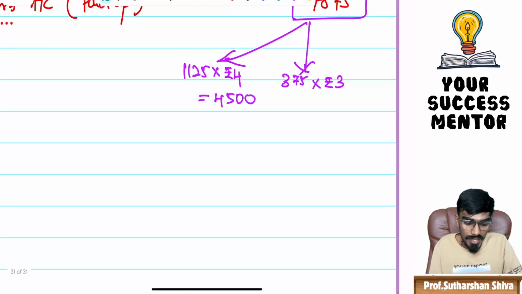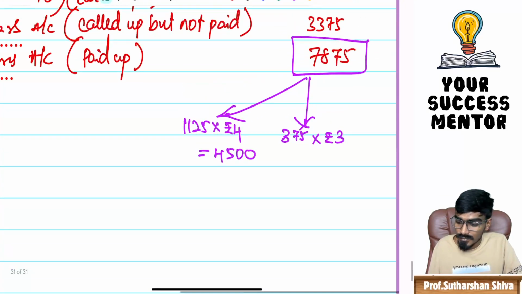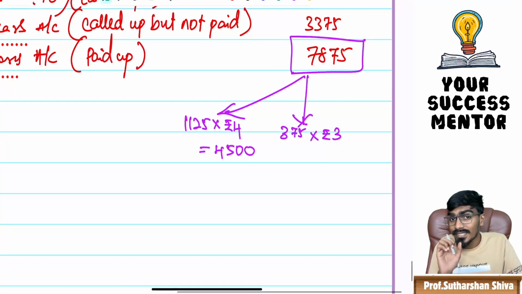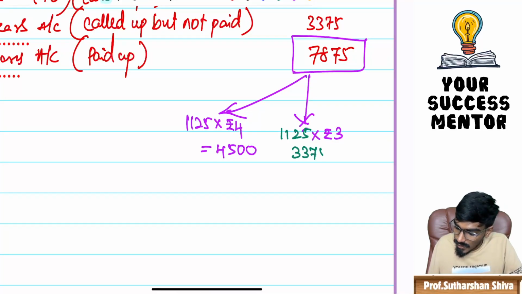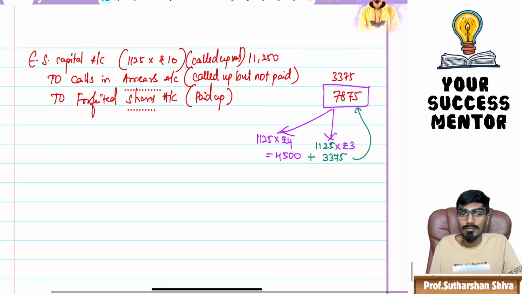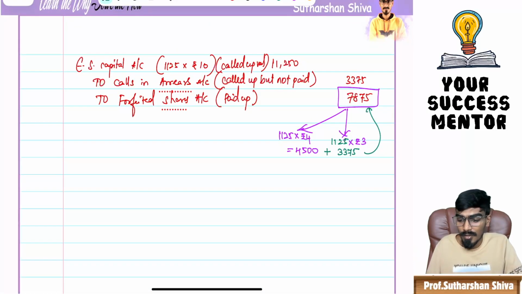He is holding extra, correct? 375 shares the company is holding, or 1125 shares the company is holding? 1125. It should come 1125. Okay, 1125 into 3, you will be getting 3375. If you add together, you will be getting this value. So instead, you will be directly multiplying and doing this.